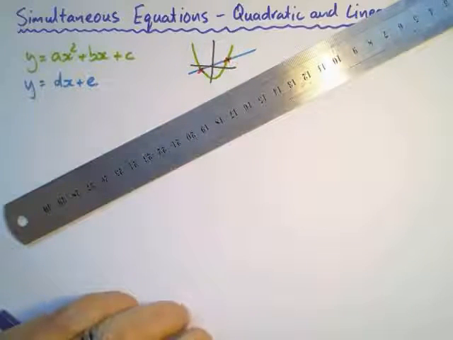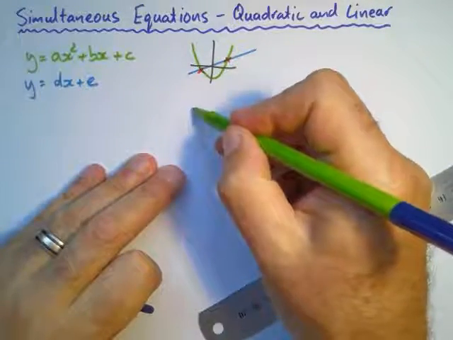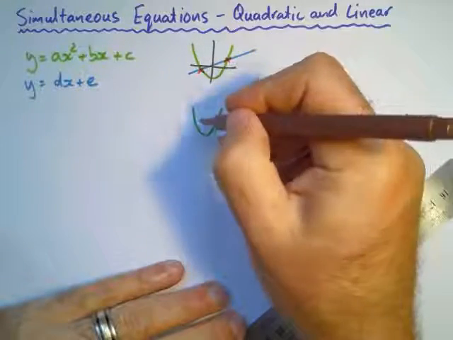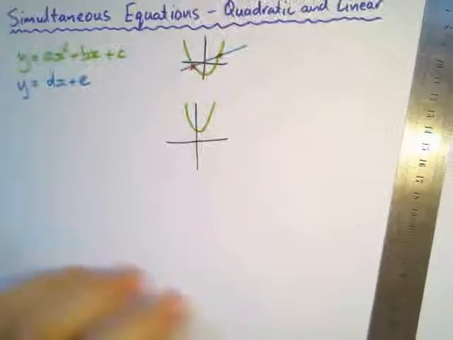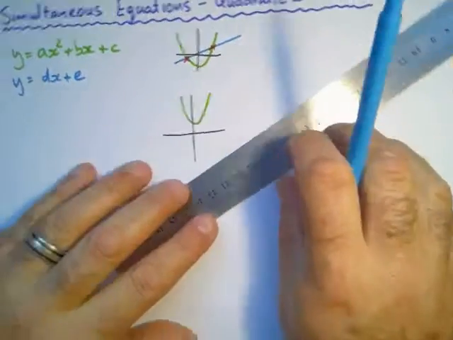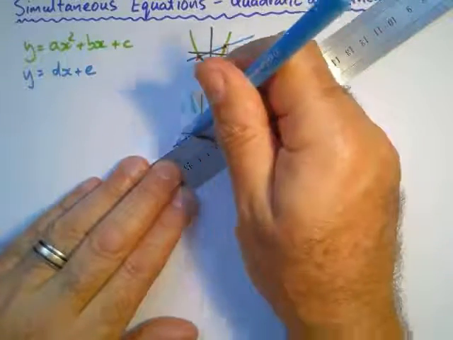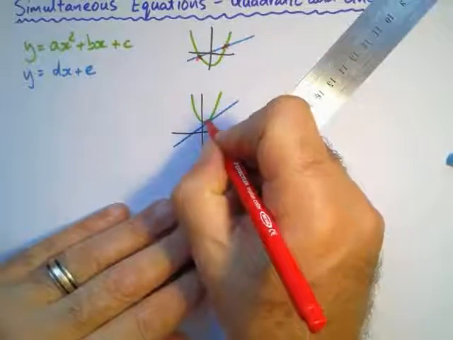The other option, and I'm just going to have it the same way here. It might be that my graph looks like this, and my straight line touches only at one place. So there's only one answer.